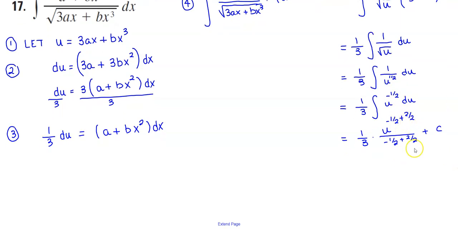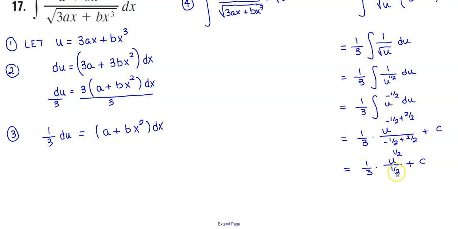So let's go ahead and finish these fractions here. So we end up getting 1/3 times u to the power negative 1/2 plus 2 over 2, which is positive 1/2. And then same thing over here, we have over 1/2 plus c.